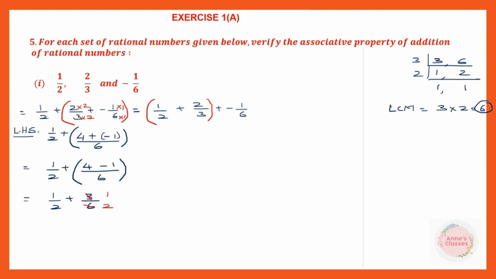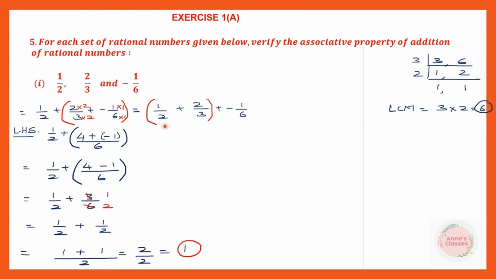So now this has become 1 by 2 plus 1 by 2. Okay, so denominators are the same. So we write that as the LCM. If denominators are the same, the numerators also will be added, 1 plus 1. So 1 plus 1 is 2, denominator is 2, 2 by 2 is 1. So when we worked out the left hand side, we got 1 as our answer.